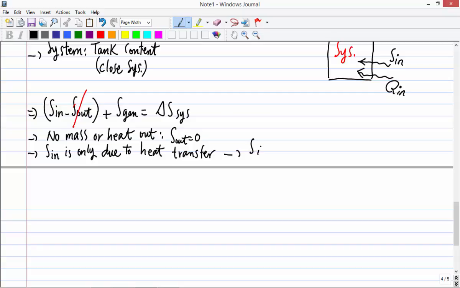So S in would be Q in divided by the temperature of the system. Okay, but hold on. Is it a constant temperature process? Let's look at the example.